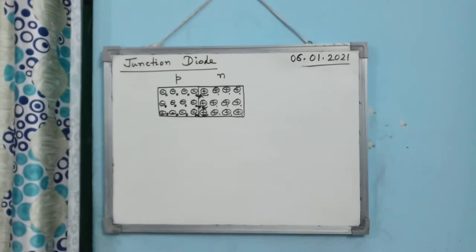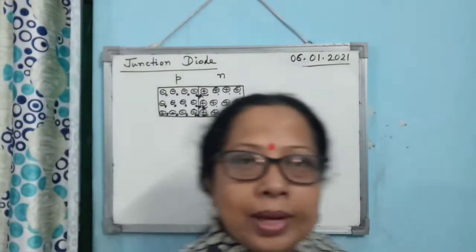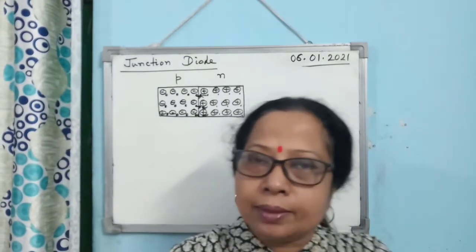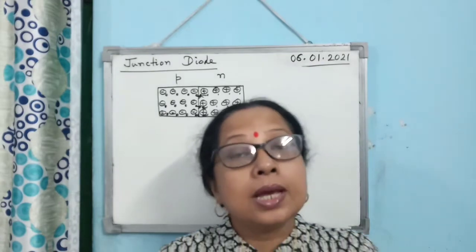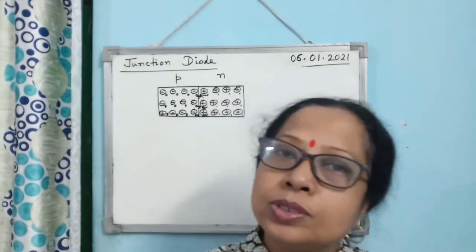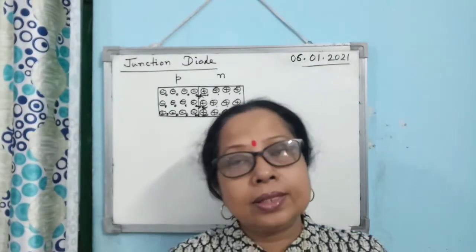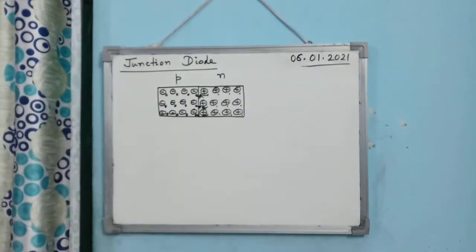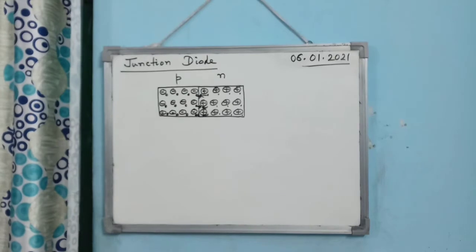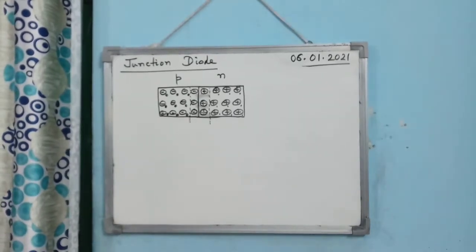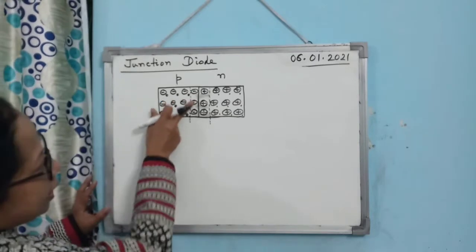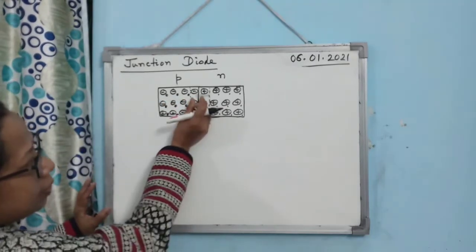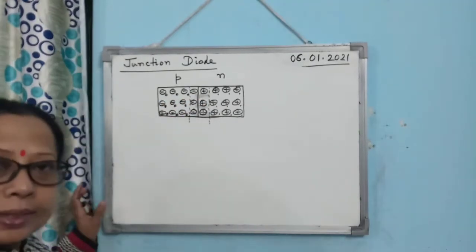Here one important point you must remember: when an electron and hole recombine, both of them are lost because electrons and holes are oppositely charged and they have the same amount of charge. Okay. So you see, the moment they are diffusing, the first layer of holes and first layer of electrons have crossed the junction, recombined and been lost.